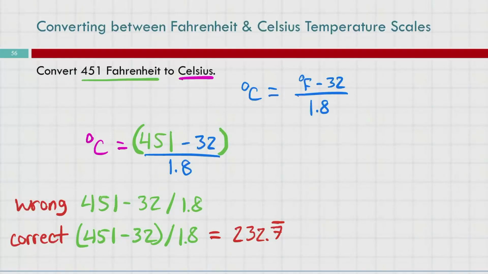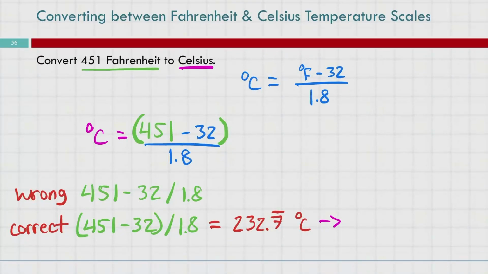Put a line over it so we know that it's repeating, apparently forever, degrees Celsius. And then for significant figures purposes, we'd round this off to 3 significant figures. Questions?